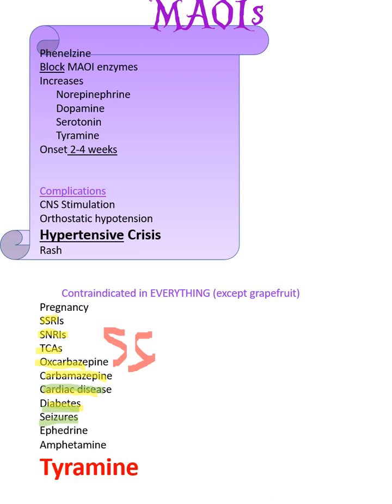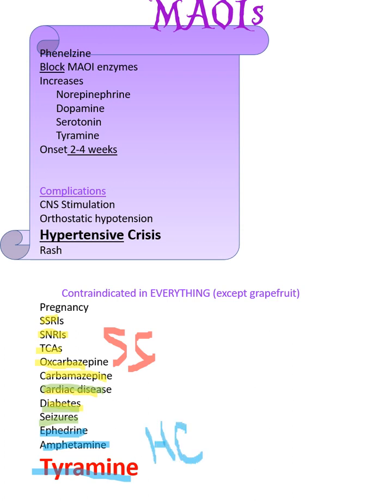So it's going to exacerbate that more. So we don't want to give this to these friends. And then things like ephedrine, amphetamines for like ADHD, pseudoephedrine for nasal decongestant, or diphenhydramine like Benadryl. And tyramines are going to cause that hypertensive crisis.